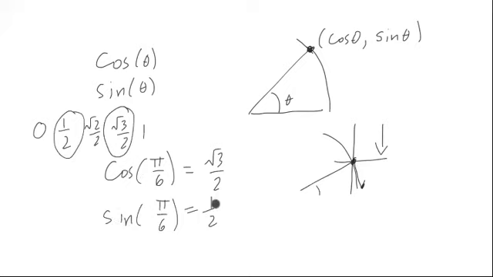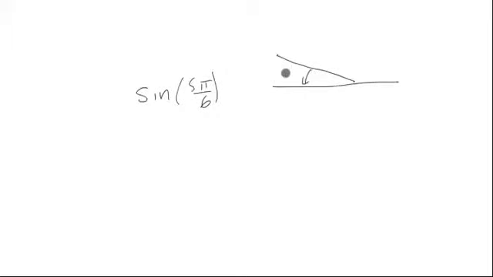Now, if we move to other quadrants, how would that work with angles that go elsewhere? So what if we had, for instance, the sine of 5 pi 6? Well, notice that 5 pi 6 is pi 6th away from pi, right? So we're going to get some symmetry going on from over here. If we know what this coordinate is over here, we should be good.